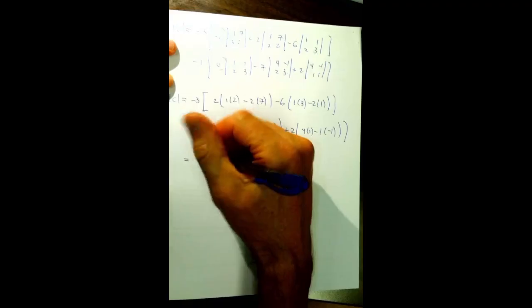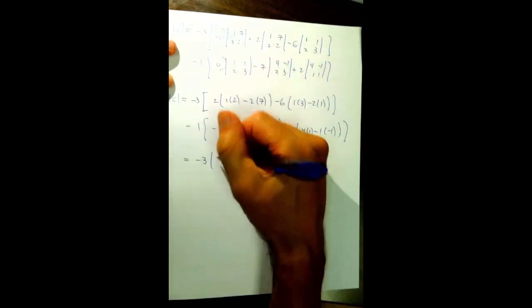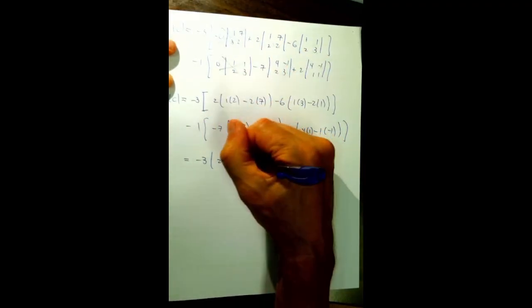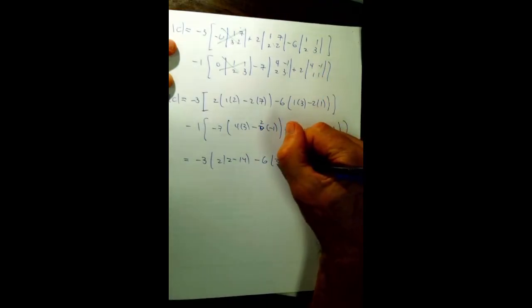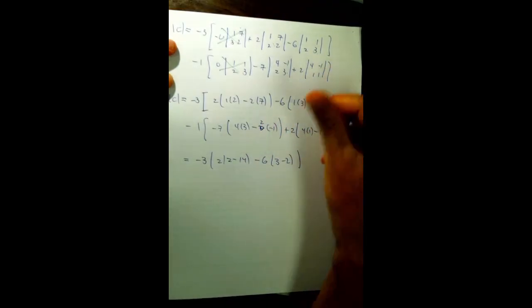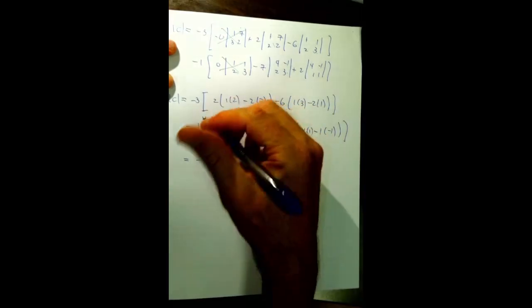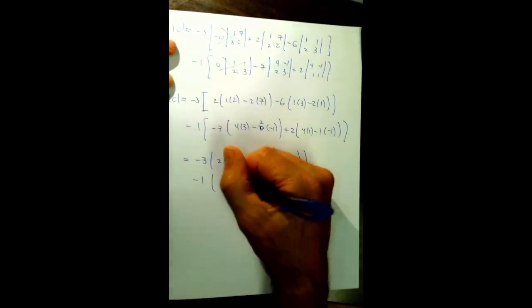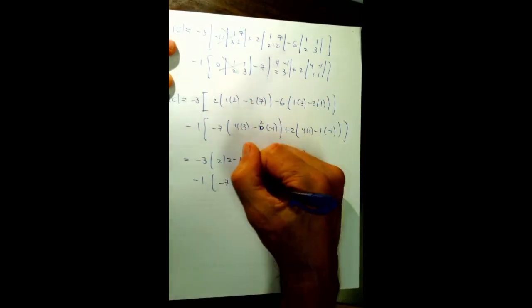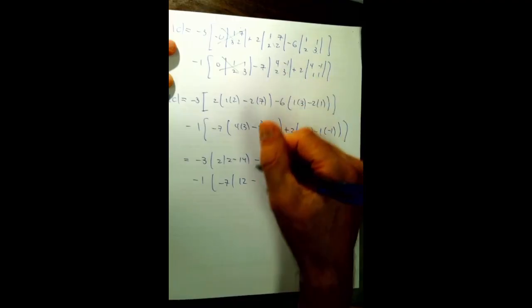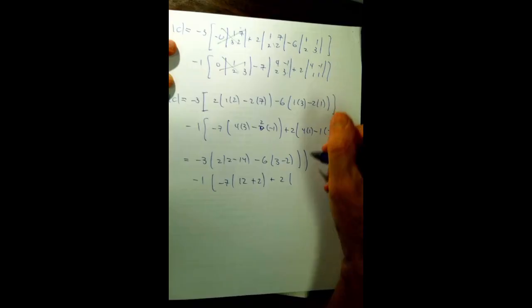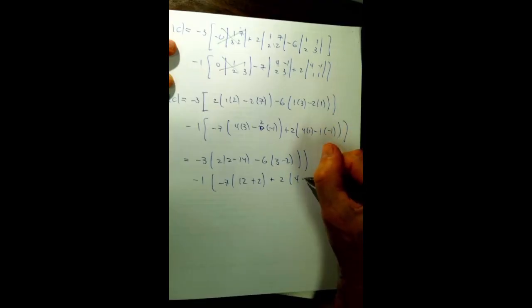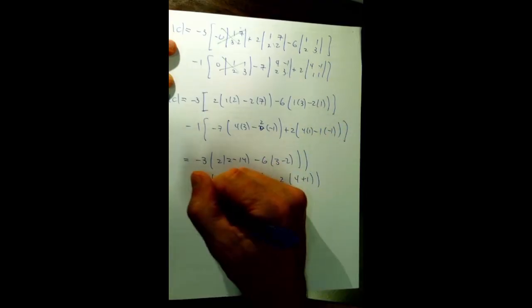What a horrible mess. So this is minus 3 times 2 times 2 minus 14, minus 6 times 3 minus 2, close, minus 1 times, so I got a minus 7. This is 4 times 3 is 12, minus a minus 2. This becomes 2, that becomes 4, minus a minus 1 is 4 plus 1.